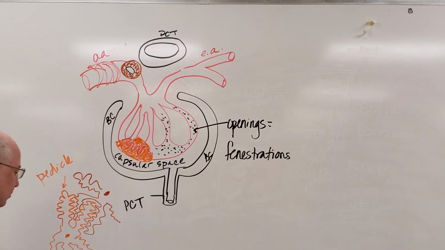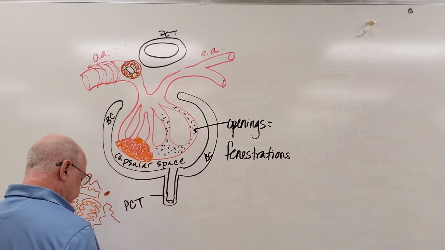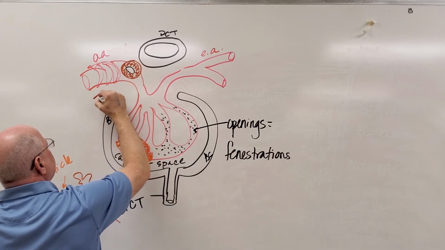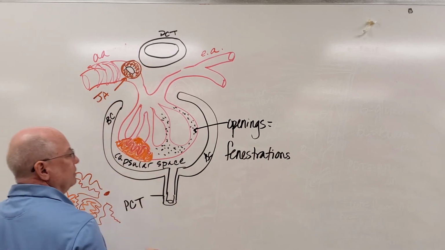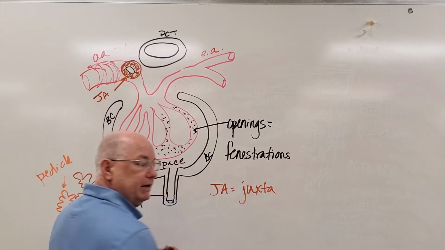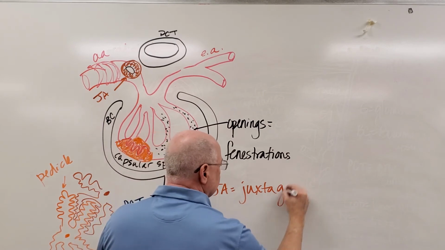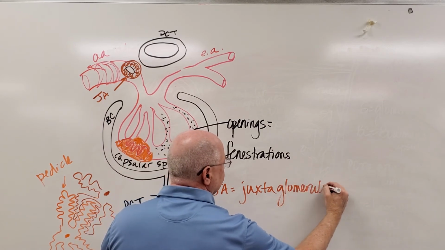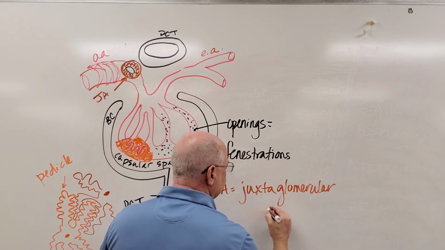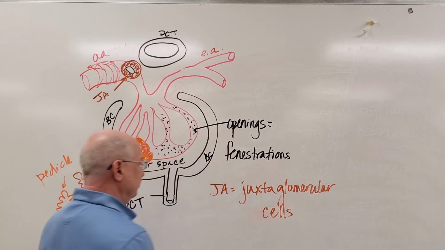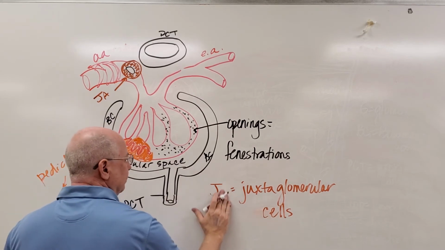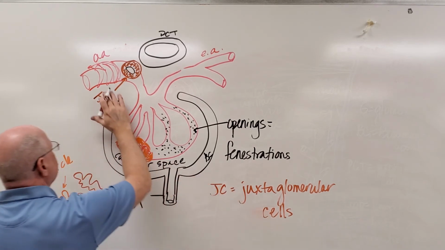Now finally on this model, this little cutout of cells is called the juxtaglomerular apparatus. I'm going to put JA as I point to that. Juxta means next to. Glomerular because it's next to the glomerulus. And those are called the juxtaglomerular cells. Okay, so let me put JC.